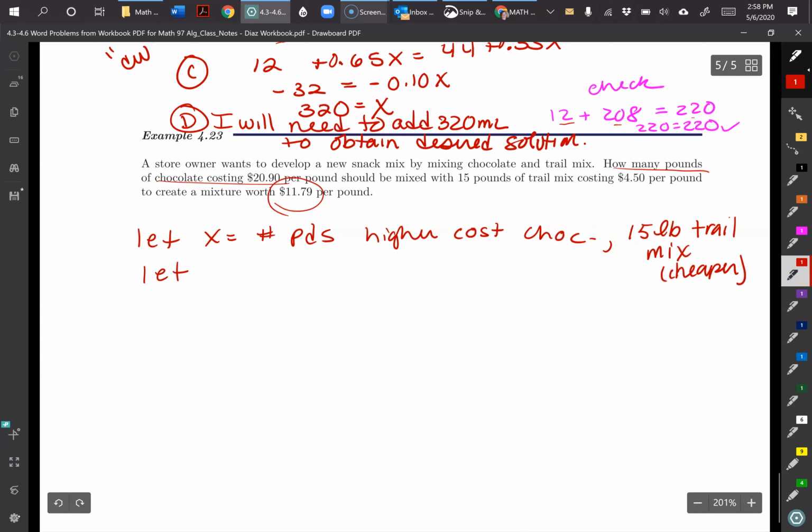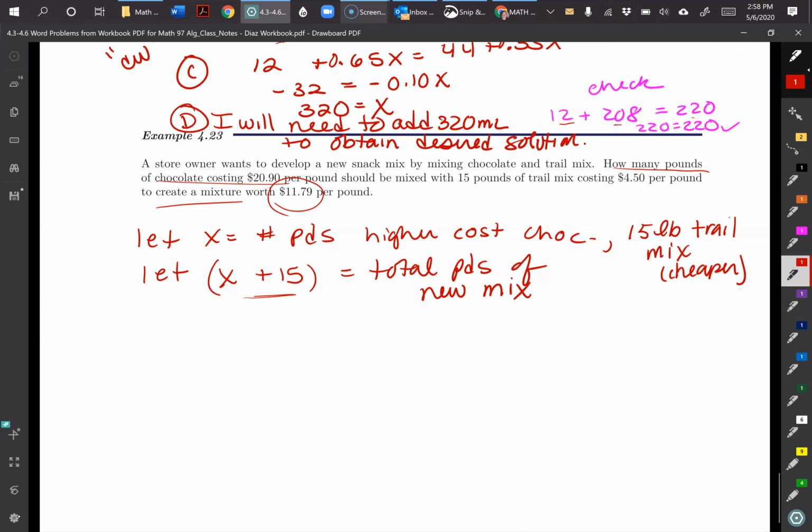We need one more relationship here because our final mixture is going to be what we put in for chocolate plus our 15 pounds of the trail mix will equal our total pounds of new mix. So that's important. Make sure you add that in because otherwise it's not going to work out because we have to adjust that total. It's not just the 15 pounds, that's only the trail mix. We have to add the X on.